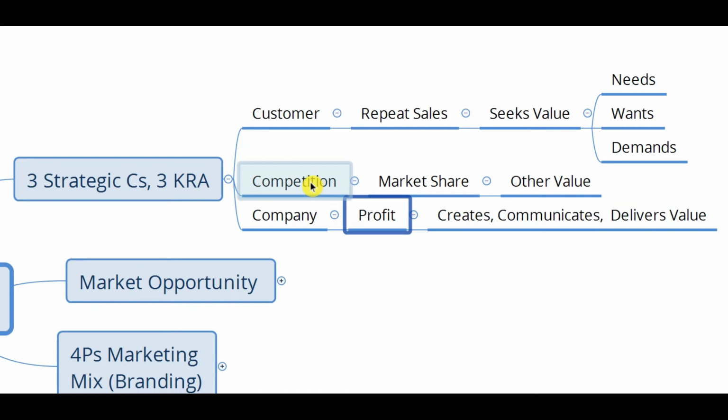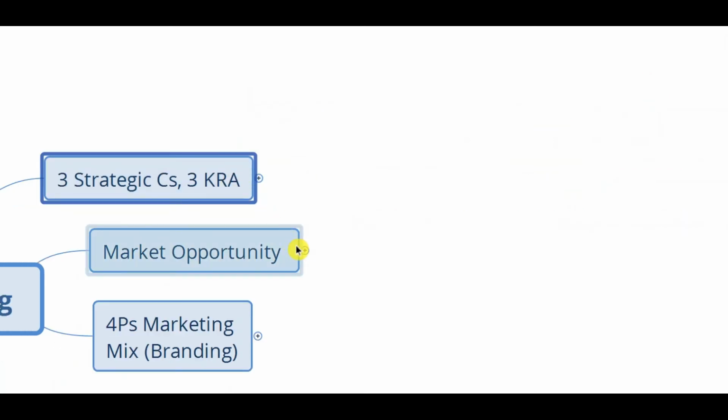So there's this interrelationship of the three C's as far as value, customers, and key result areas. This mind map allows us to remember this and how these concepts relate to one another. So I'll hide this first.